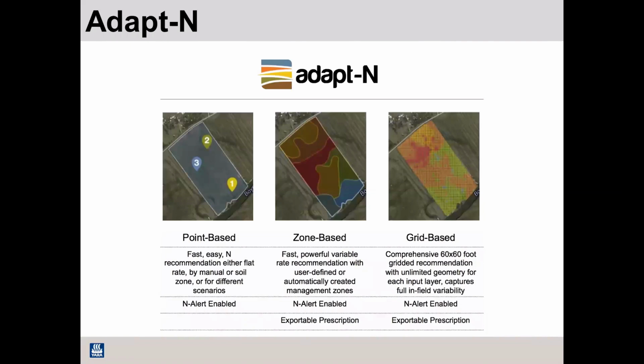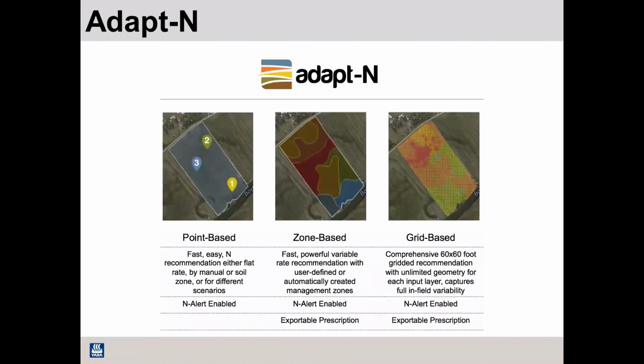The first of those is on the left here, we call point-based. And this is just a real fast and easy way to get a whole field recommendation. There's no variable rate component to this. There's nothing to export, just a visual way to evaluate, just like I said, a flat rate recommendation.